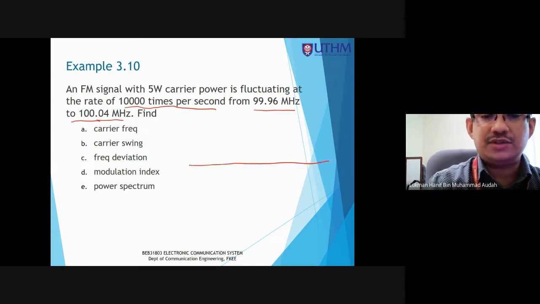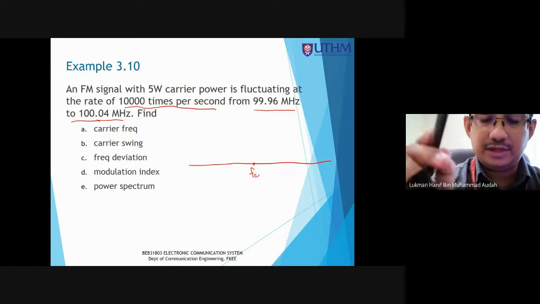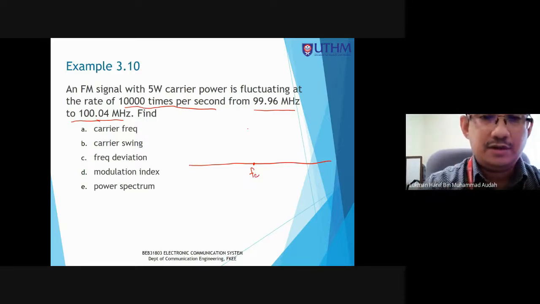Kalau kita lukis maknanya ada carrier power. So for example here is carrier. Sebab dia kata carrier fluctuating. Okay. So this carrier dikatakan dia punya power is 5 watt.